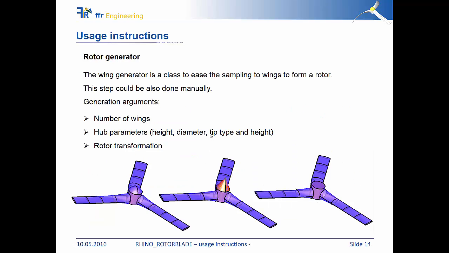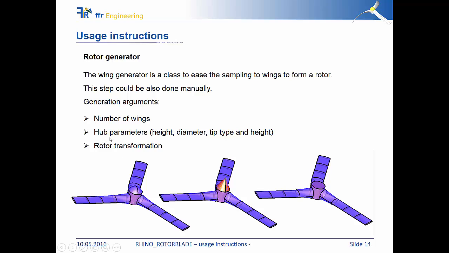You have already, I guess, an idea that basically now you can just simply combine wings to form a rotor. That's exactly what's happening. You define the number of wings, and again you have something like a rotor transformation. What is that? Well, I guess you already assume what that might be, and you are correct. So you have basically a transformation applied to the entire rotor model, but now, and we will see it in a second, it's with respect to a different point.